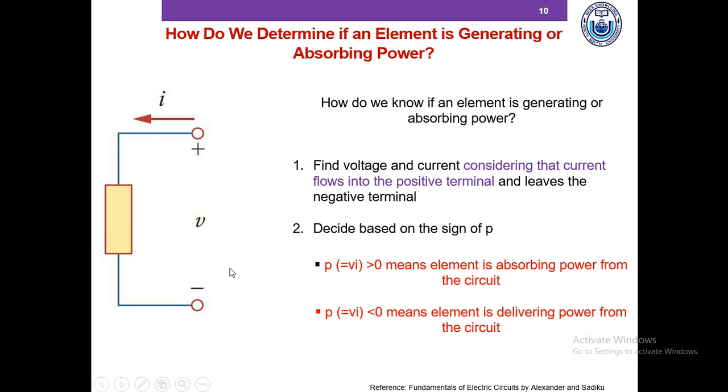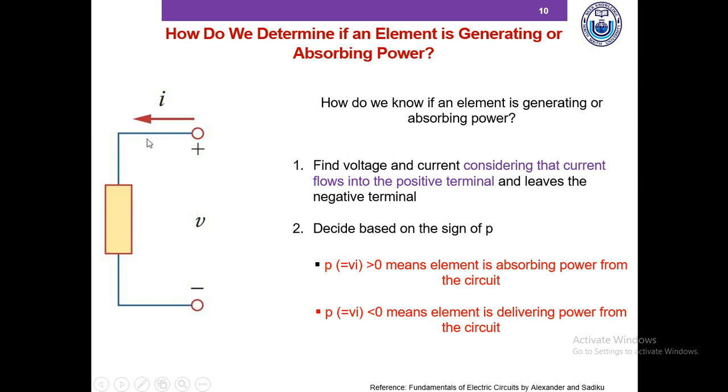So this is our model example here. In this circuit element, current is entering through the positive terminal. So when we're trying to determine whether or not an element is generating or absorbing power, we will bring the current of that element in this format, that is, entering through the positive terminal.